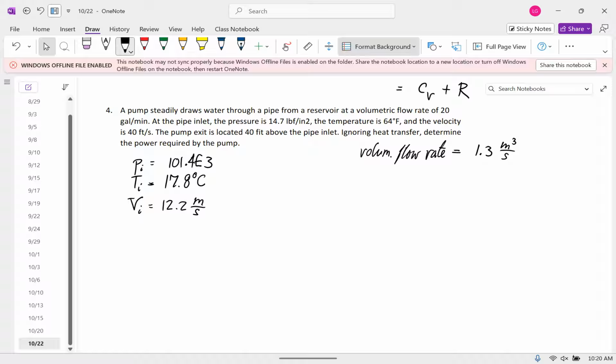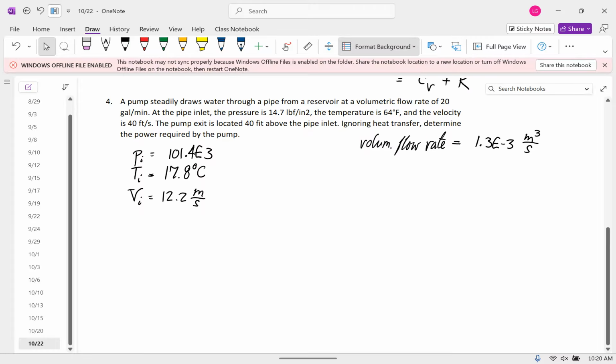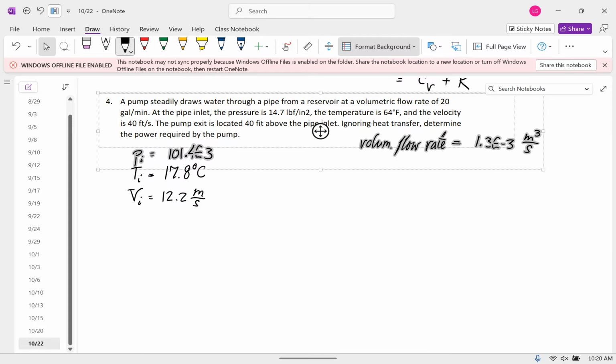Okay, and this is liquid water. So 1.3 times 10 to the negative 3. And then, okay, we're assuming that the pressure and temperature are the same at the exit. Okay, so let's start. This is steady state.